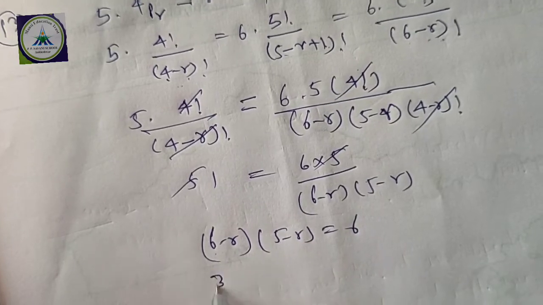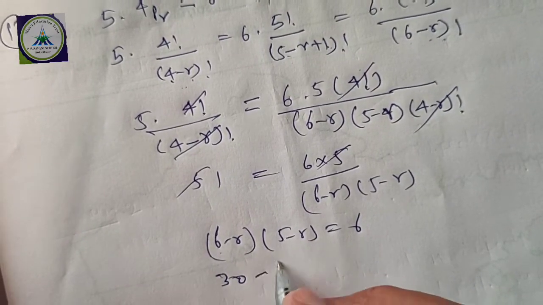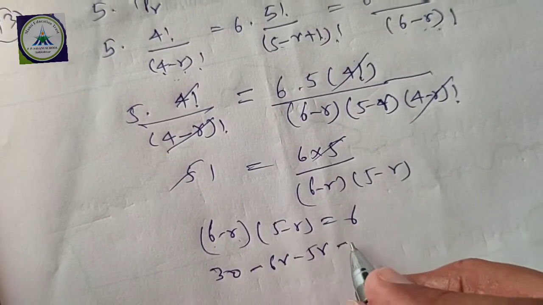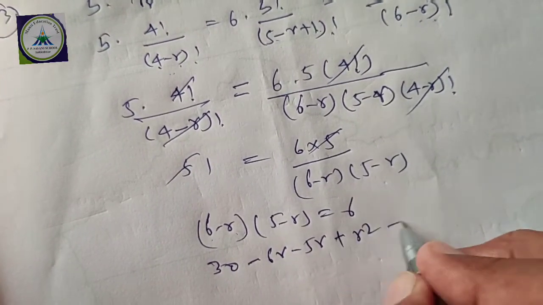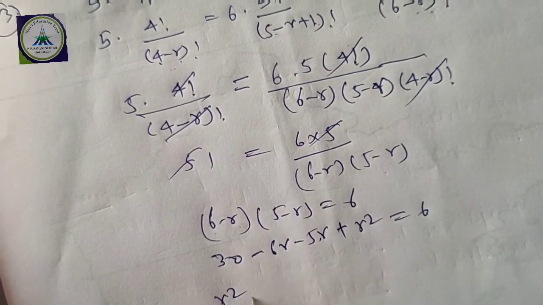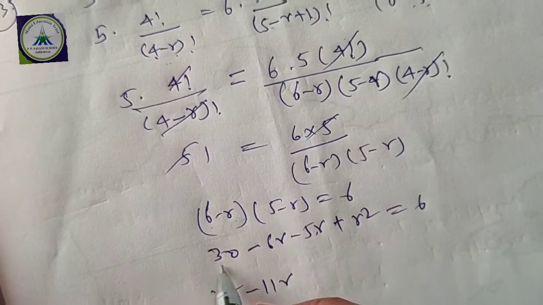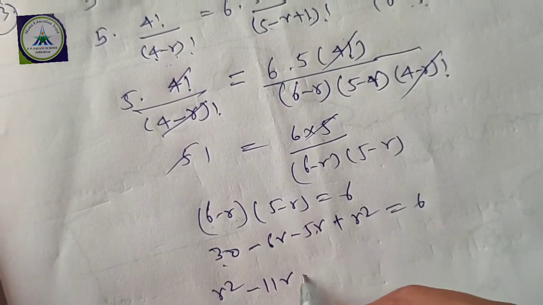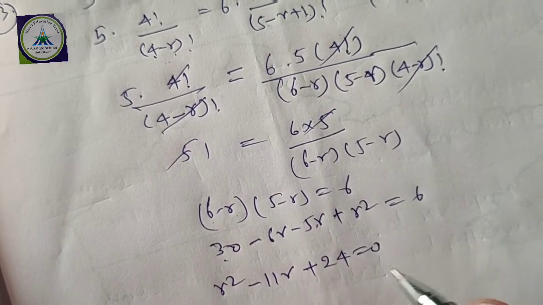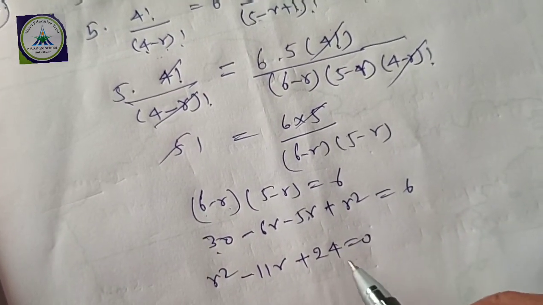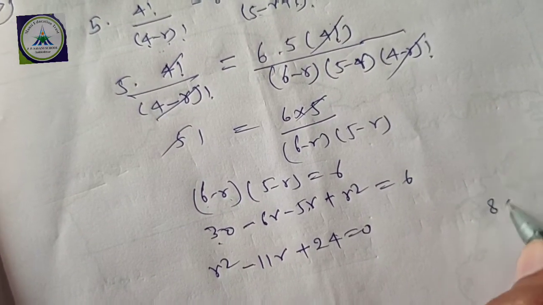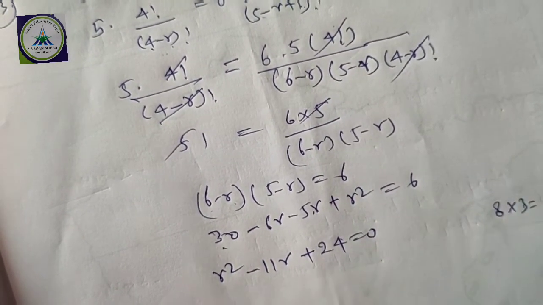Multiplying, 6 times 5 is 30, minus 6r minus 5r, plus r squared equals 6. This gives r squared minus 11r plus 30 minus 6, that is plus 24, equals 0. Factorizing, 8 times 3 is 24 and 8 plus 3 is 11.